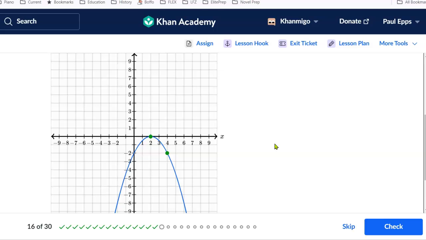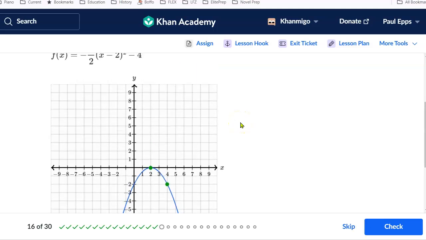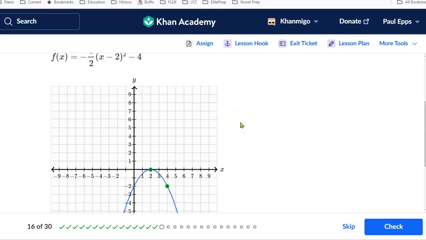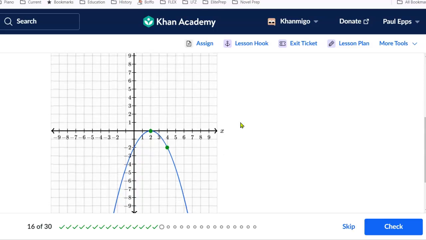Okay? Let's plug a number in to see how it works. Let's plug the 4 in again. So we've got 4 minus 2 is 2 squared is 4. Now, if we multiply that times negative 1/2, it's negative 2. So we flipped it upside down, and we have stretched it by a factor of 2. All right, so that's why 4 is negative 2 here.